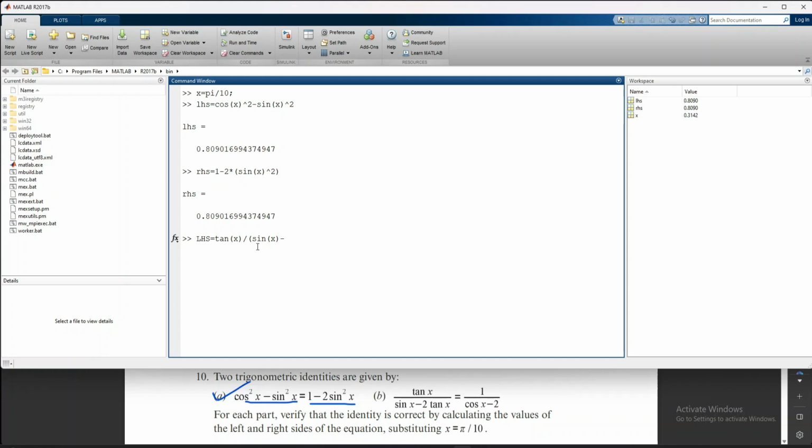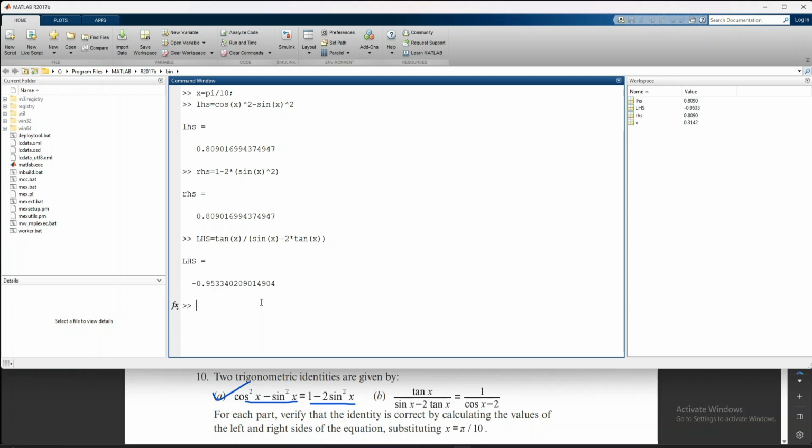So again 2 multiplied by tangent x, and the bracket closes. That means it will first solve sin x minus 2 tangent x, then divide tangent x by it. Now enter. The answer is minus 0.953.